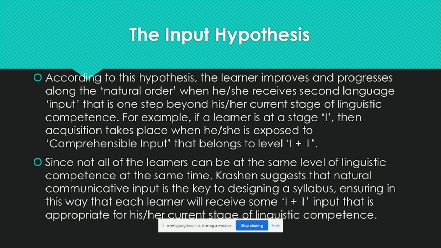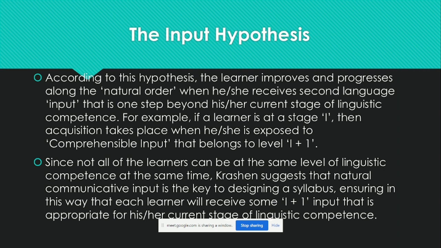Comprehensible input is language input that can be understood by the listeners despite them not understanding all the words and structures in it. It is described as one level above the learner's, if it can only just be understood.